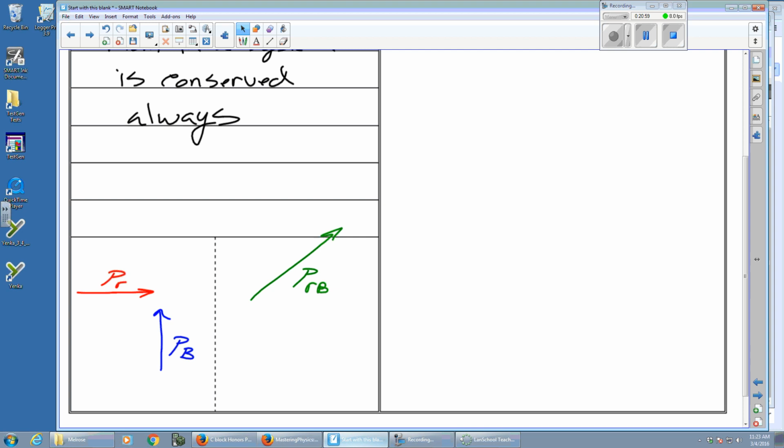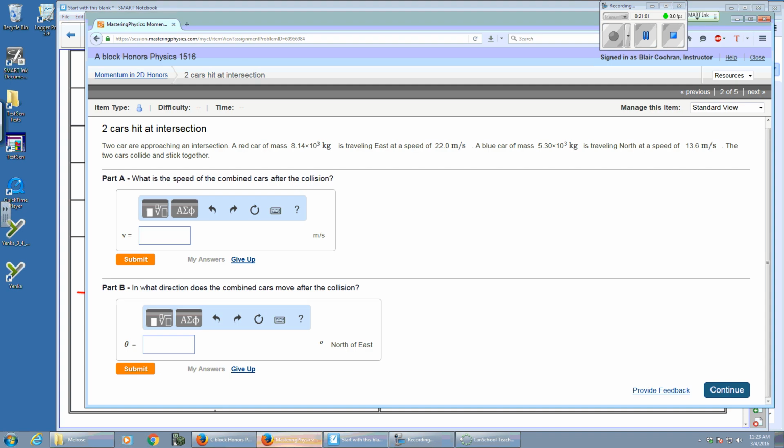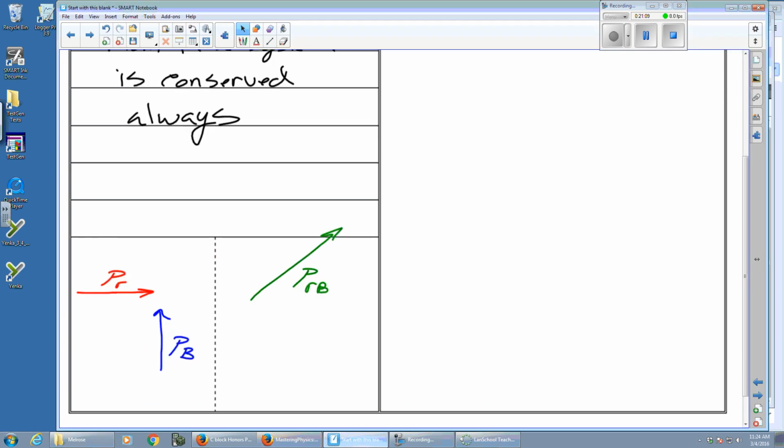And what do they want to know? They want to know what's the speed of the combined cars and what direction does it move after it goes, in north of east. So because momentum is always conserved, I'm going to start off with a vector diagram, because it means the red plus the blue has to equal the green.